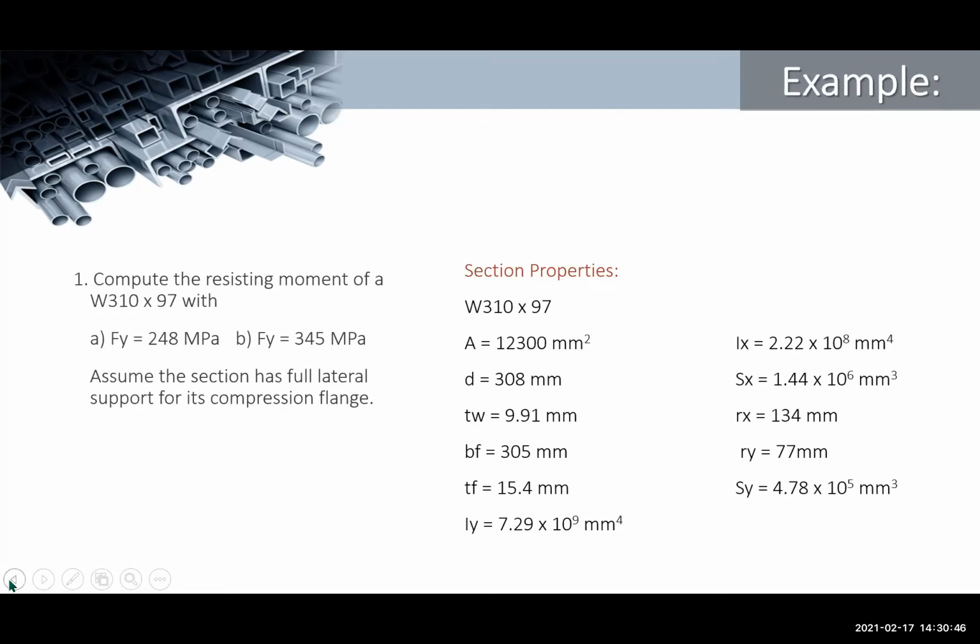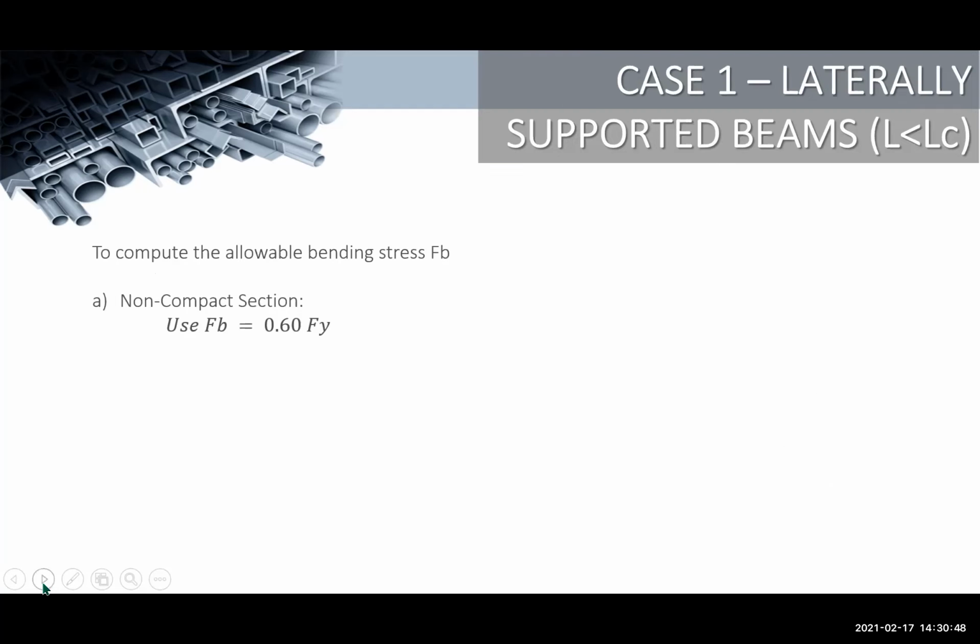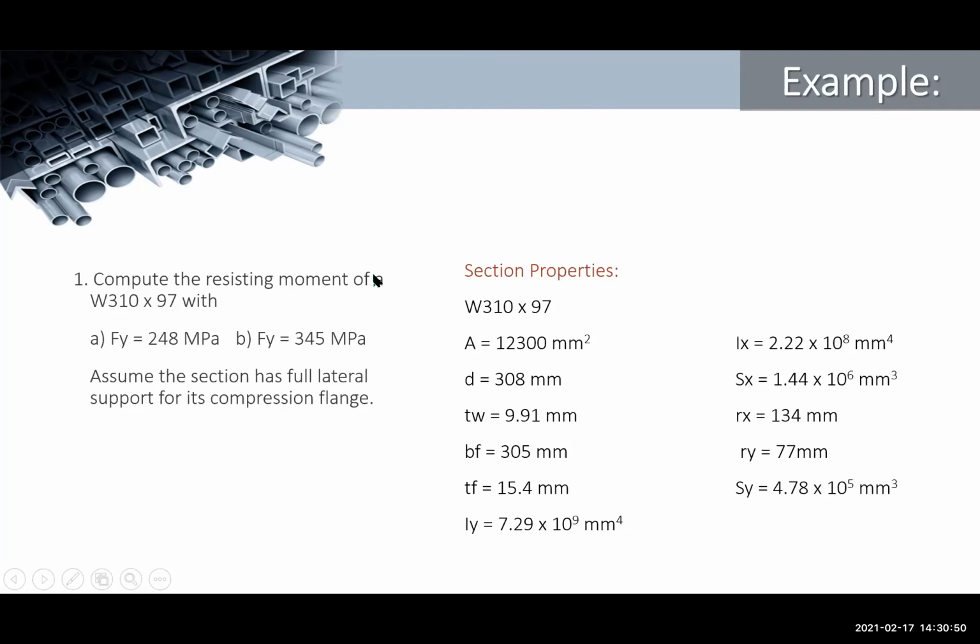So, example. Compute the resisting moment of a W310 by 97. Again, yung W, that indicates a wide flange section or I-beam. Bakit siya wide flange? Kasi wide yung flange niya. Most of the time, yung wide flange section, yung flange width mo, konti lang yung difference niya sa depth. Ito example, yung flange width mo is 305, yung depth mo is 308.